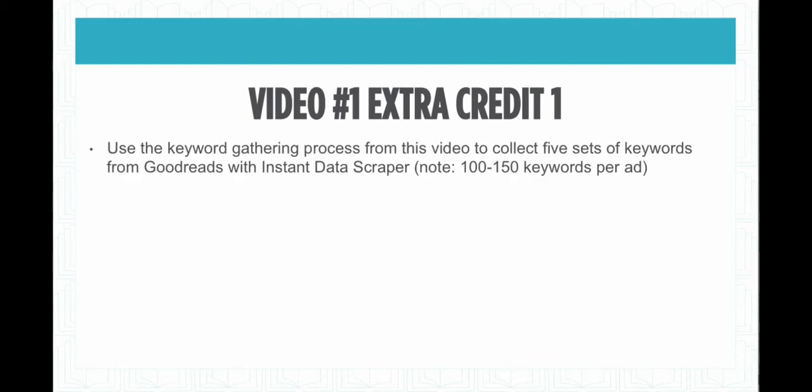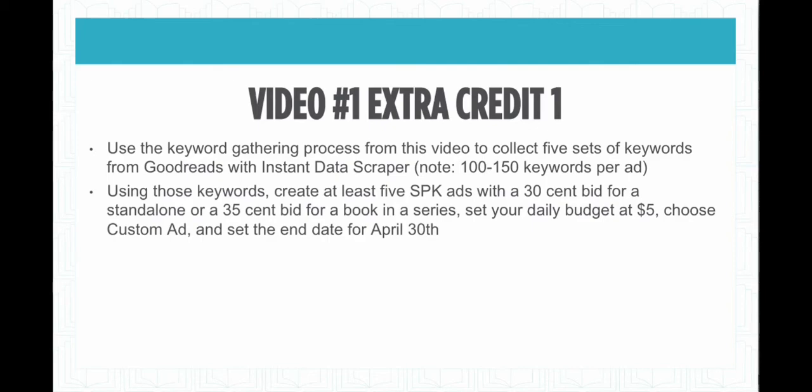Extra credit 1. Use the keyword gathering process from this video to collect 5 sets of keywords. You can use Instant Data Scraper for these 5. Use Goodreads. So that means if you have one list of 500 books, there's your 5 right there. Easy peasy. So 100 to 150 keywords per ad. Use those keywords. Create 5 SPK ads with a 30-cent bid for a standalone or a 35-cent bid for a book in a series. $5 budget, custom ad, end date for April 30th.